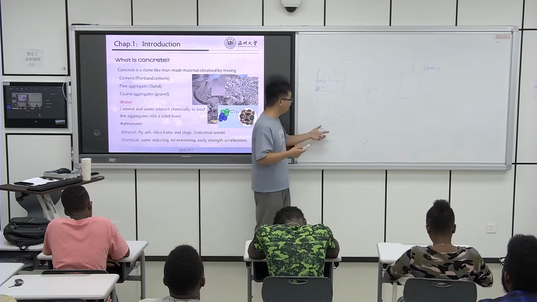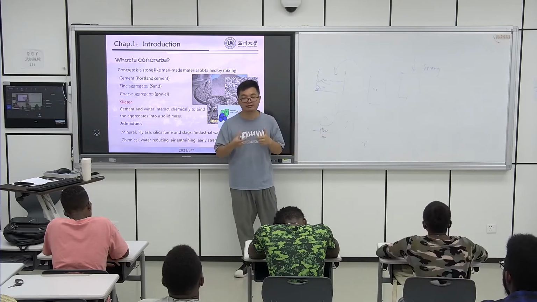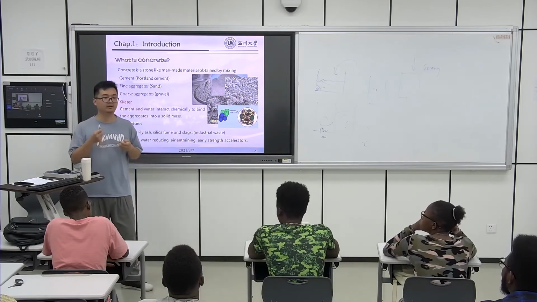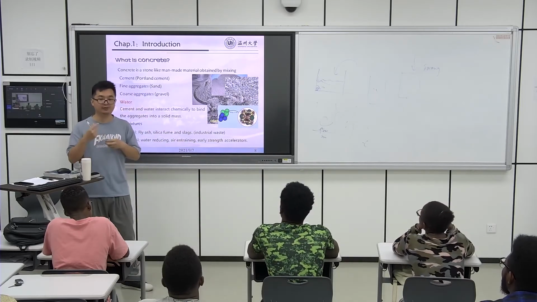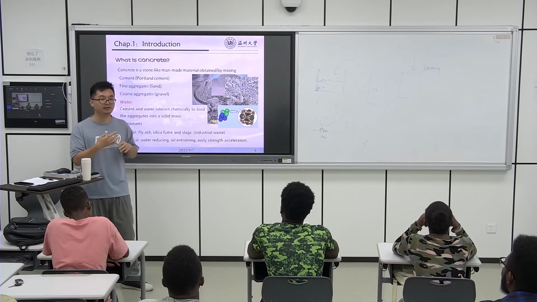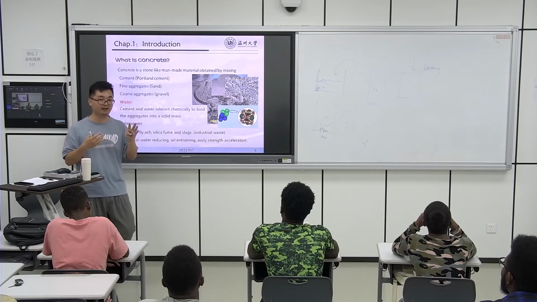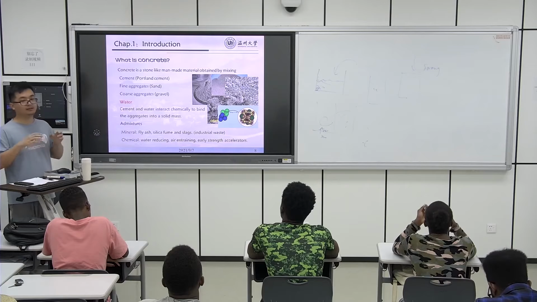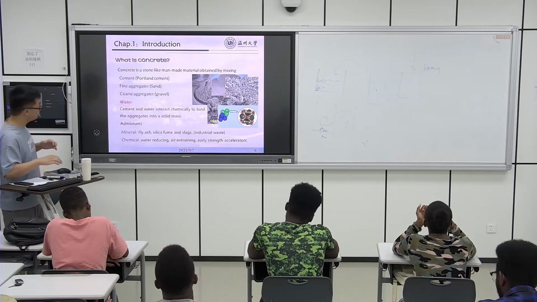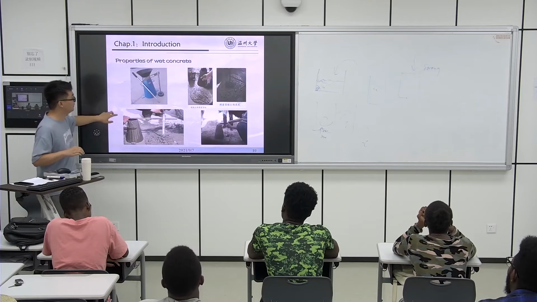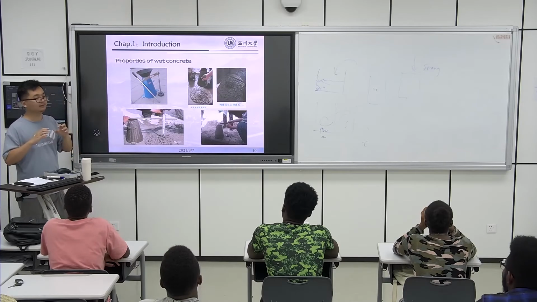So different stages need different characteristics. Using a medium value maybe is okay, but I hope students can realize that at different stages we need different slump values.